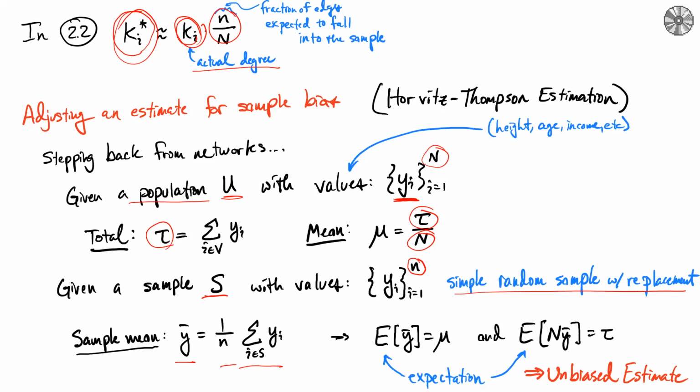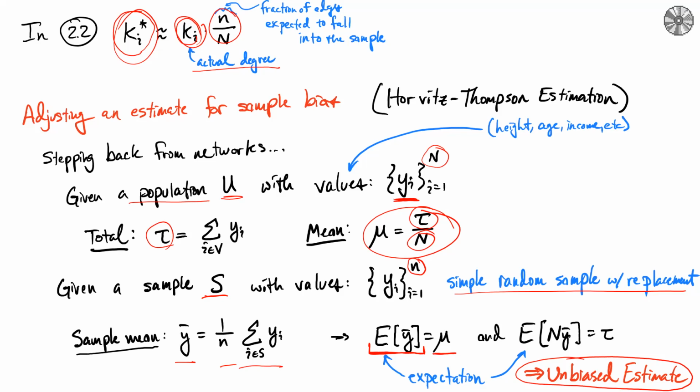And so the definition of an unbiased estimate is that the expected value of the sample mean should be equal to the mean of the total population.